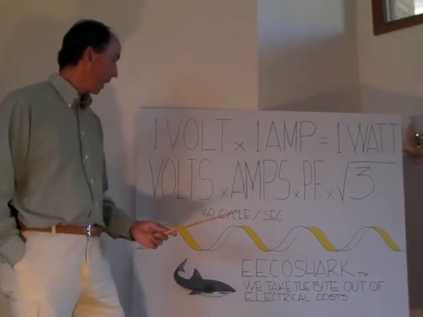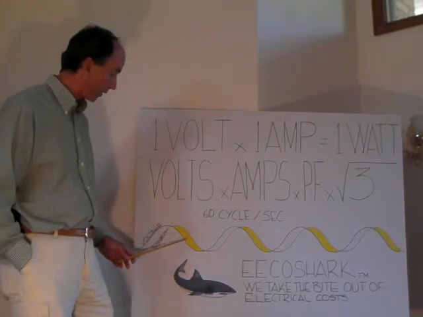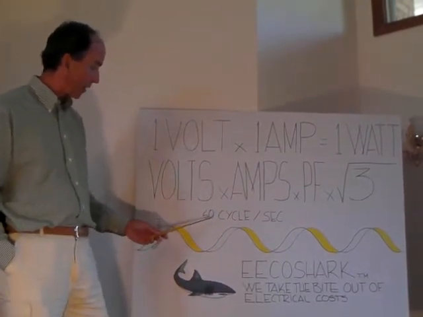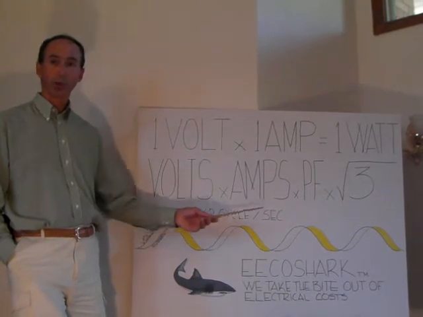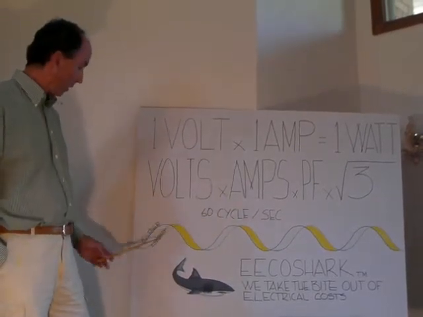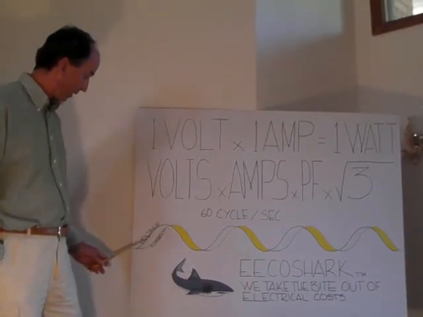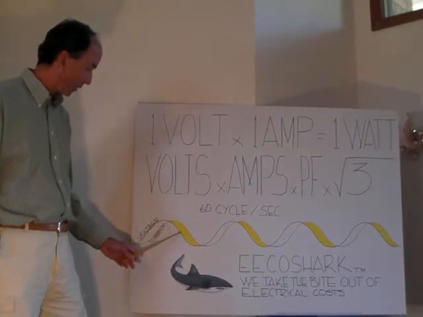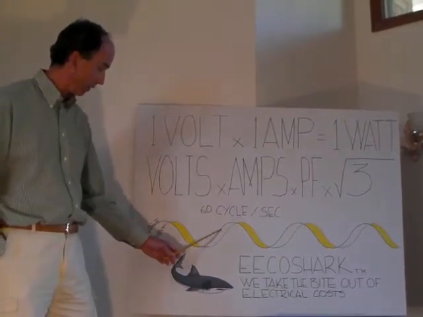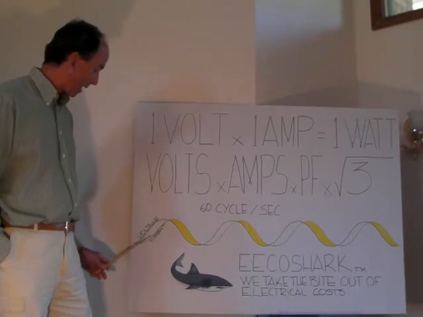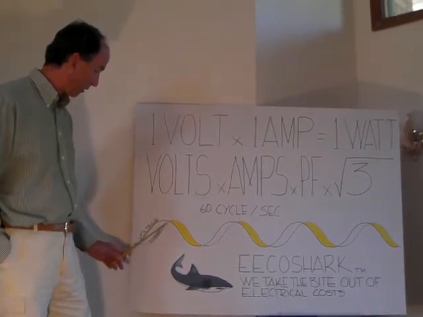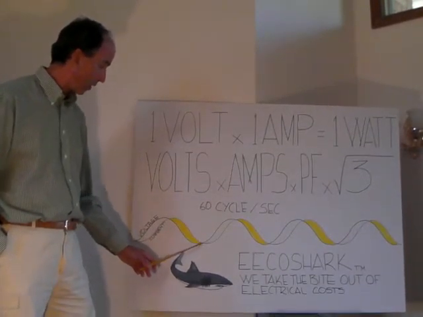So, if we look at our phase cycle here, we know that in America we use a 60 cycle per second system. And we see this first line here as our voltage that we're delivering to the motor. And the second line may represent amperage that the motor is actually drawing.